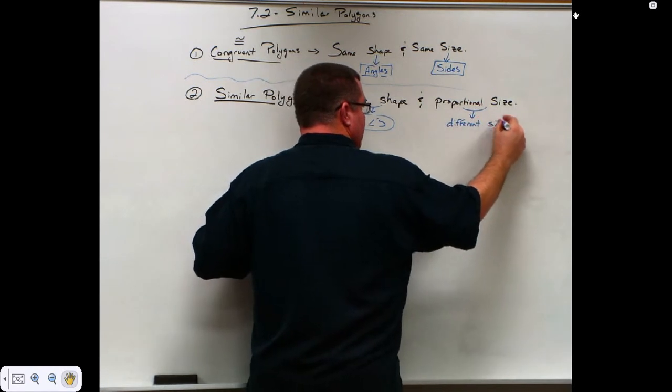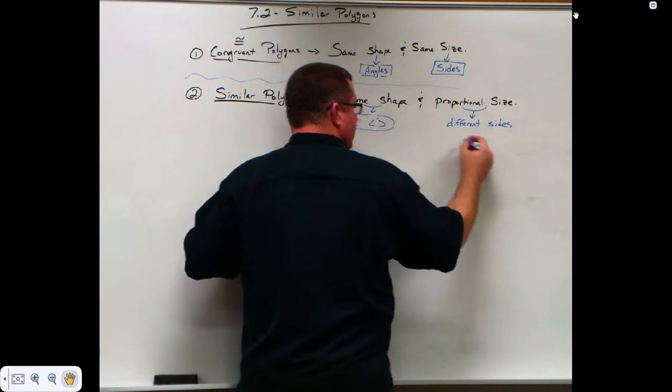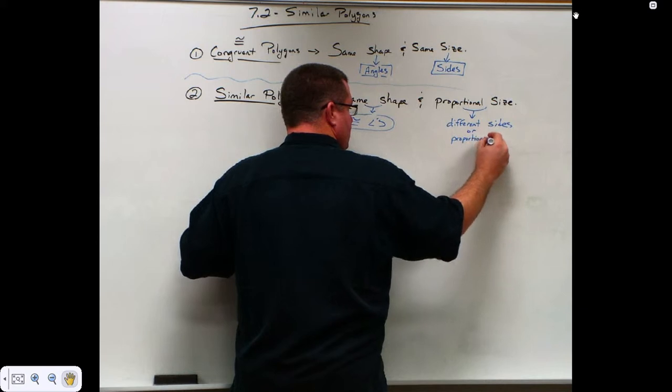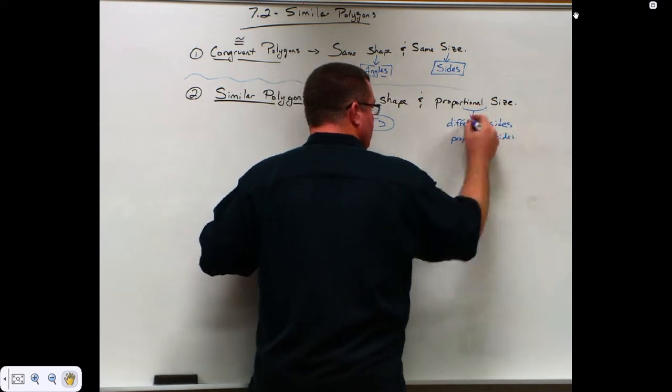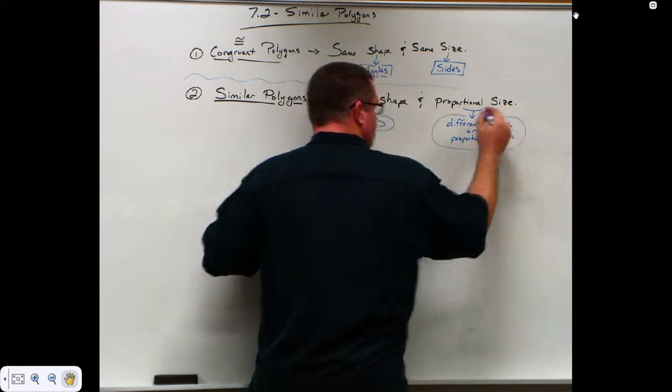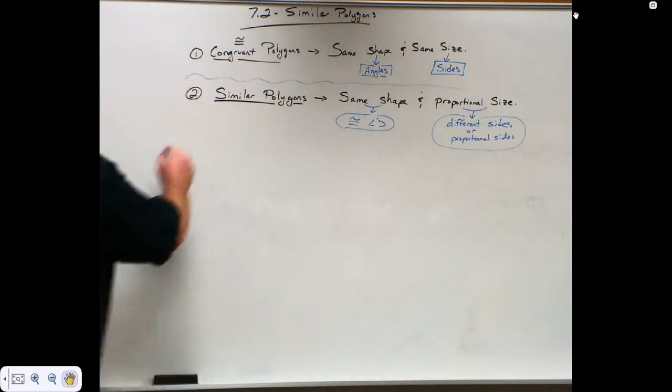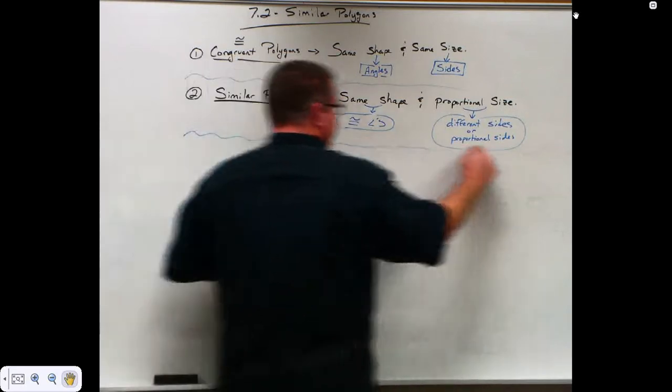What determines the size? The sides. That's what similar polygons are.